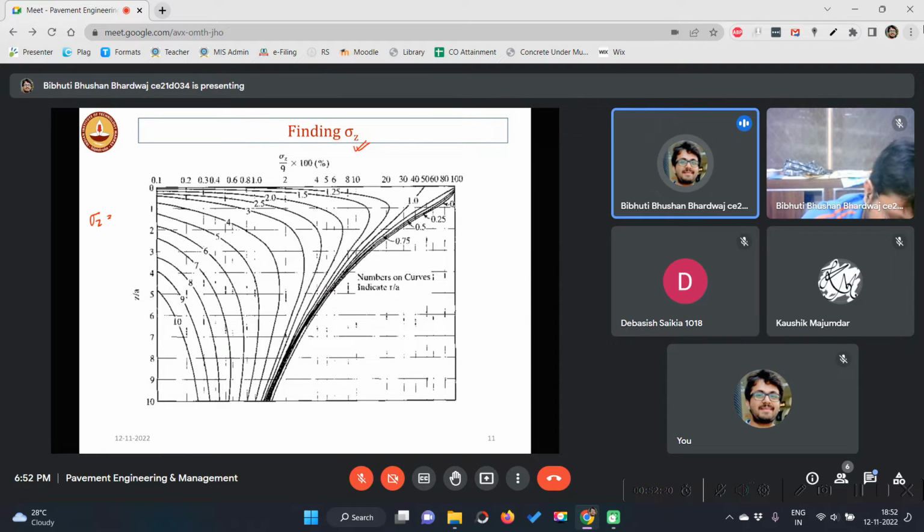See, R by A is given on the curves as numbers. R by A 0 means the first curve, and Z by A is 2. So where it is meeting, it's coming here like this. If you go like this, it will be some 30. So basically this sigma Z by Q into 100 will be say 30.